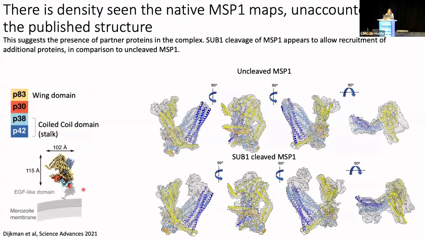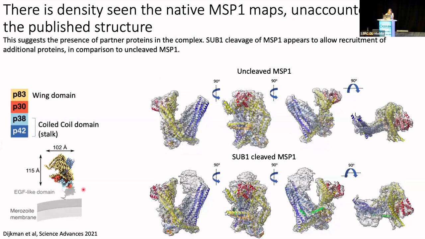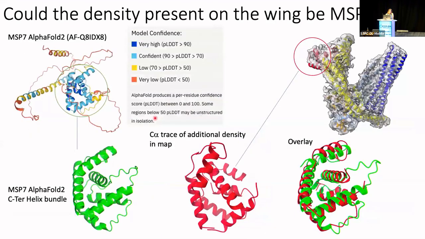And it did. In both the uncleaved MSP1 and the sub-1 cleaved MSP1, we saw additional density on the wing domain, as well as, in the cleaved MSP1, additional density on the coil domain and the back of the coil domain. Where we were able to, we did a C alpha trace of this additional density. We were unable to trace the density on the coil domain because it was very flexible, but we were able to trace the density on the wing in both structures.